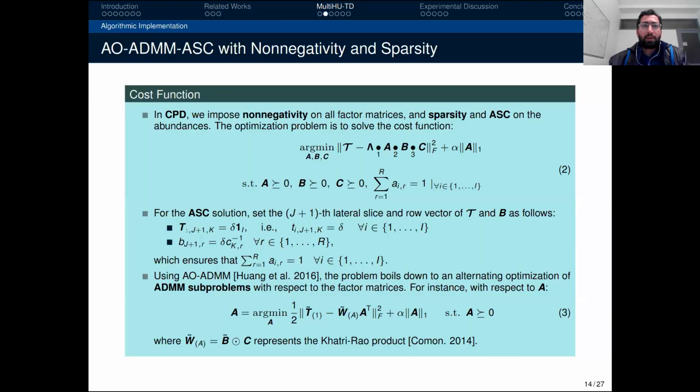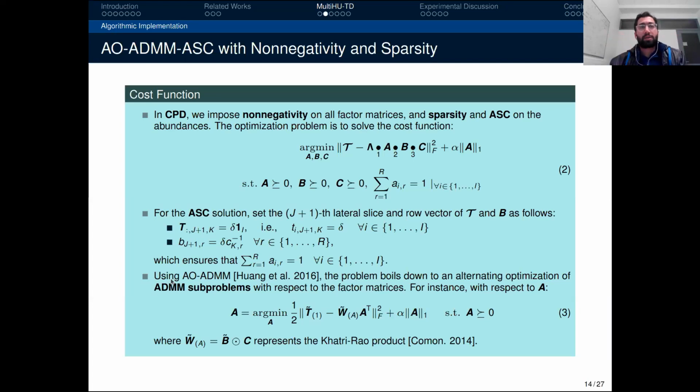Normally it would be a summation of A_ir, B_ir, and C_ir. So what we do is we say that B_ir equals 1 over C_ir. It is enough to choose one row in B to verify that it is the reciprocal of C, so that the summation of A at some point is equal to 1. Then we do this update in the tensor and in the updates of the factor matrices to ensure the ASC solution.